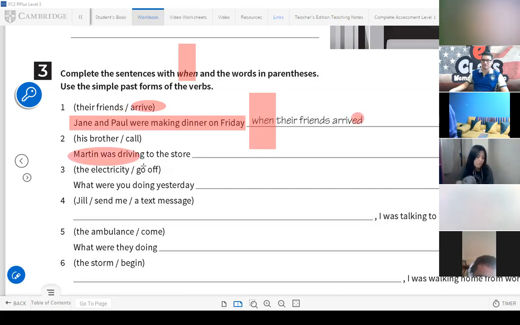Luego acá, Martin was driving to the store. Igual, ¿qué tendrás que añadir aquí? When. Luego, his brother, y este call será en pasado. When his brother called. ¿Verdad? What were you doing yesterday? De igual manera, agregas when. The electricity en pasado.